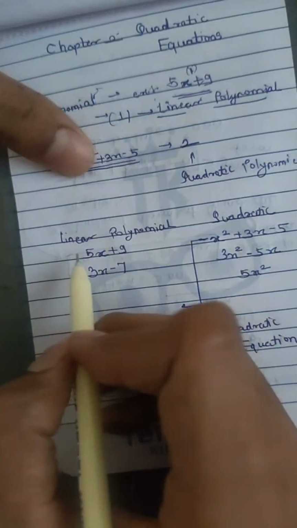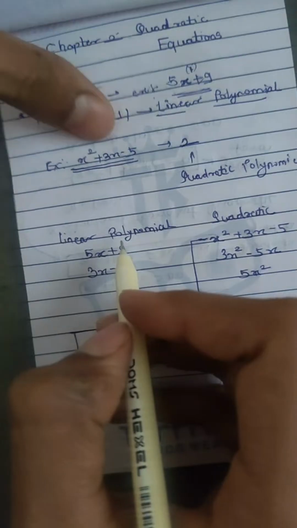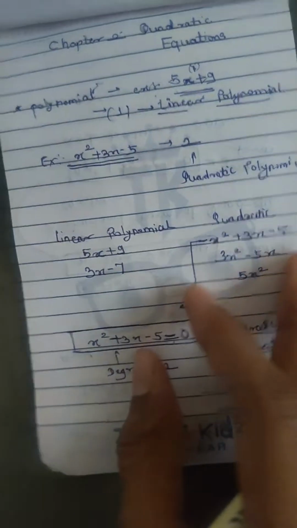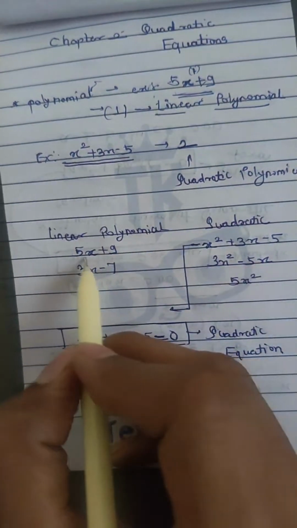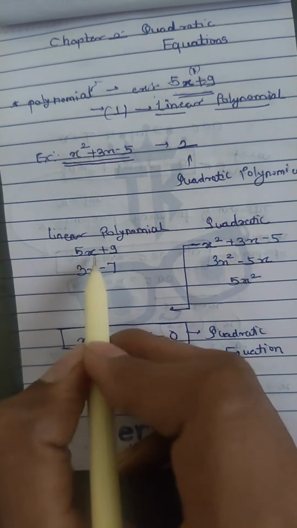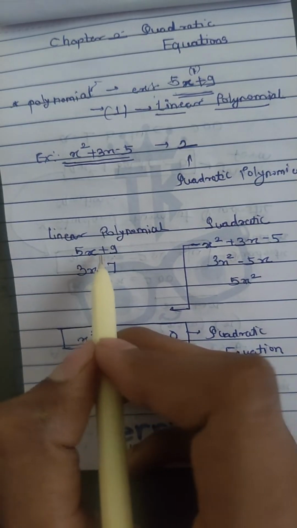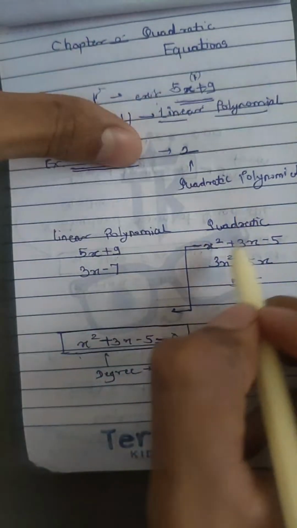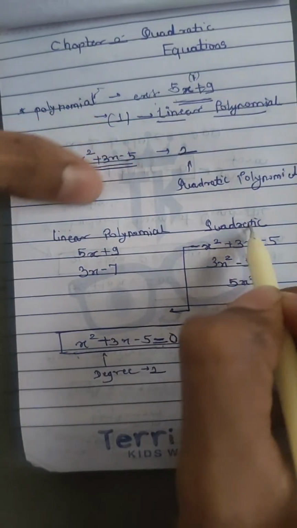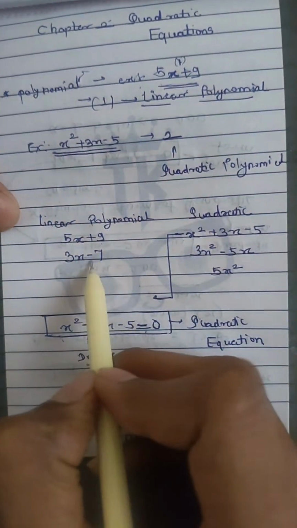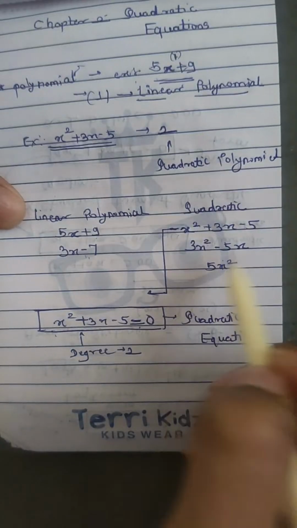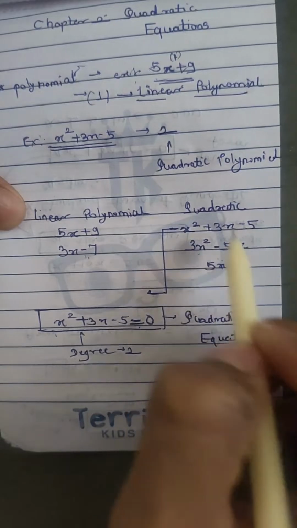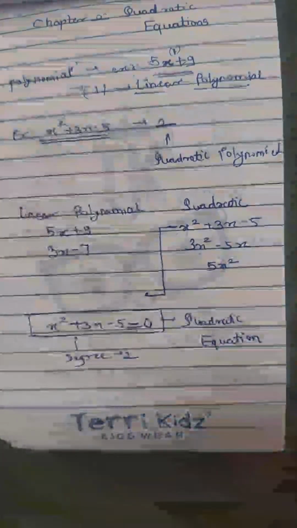Suppose the example is 5x+9. We have to see whether it is a quadratic or linear polynomial. The degree of this polynomial is 1, so it is a linear polynomial. x square plus 3x minus 5 will be a quadratic polynomial. Then 3x minus 7 will be linear. 5x² will be a quadratic polynomial, and 3x² minus 5x is also a quadratic polynomial.